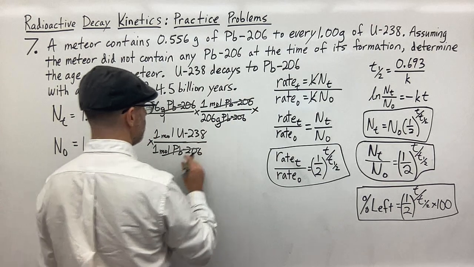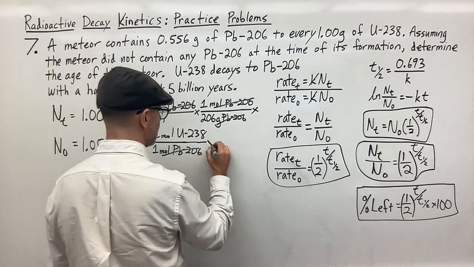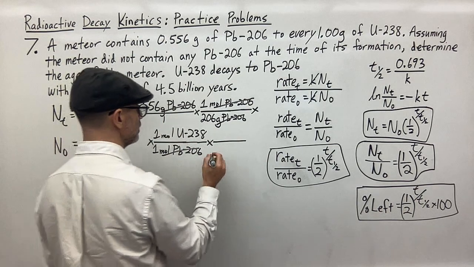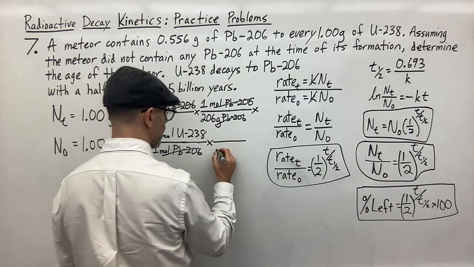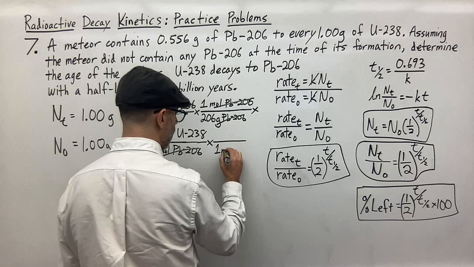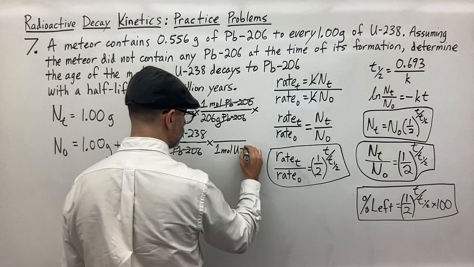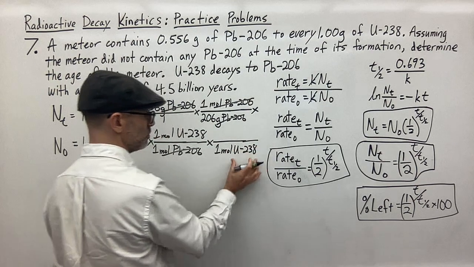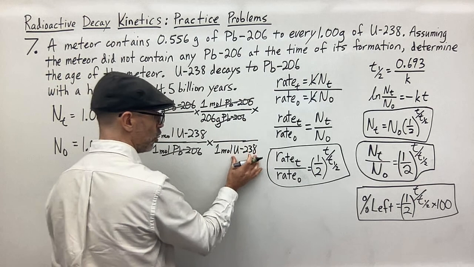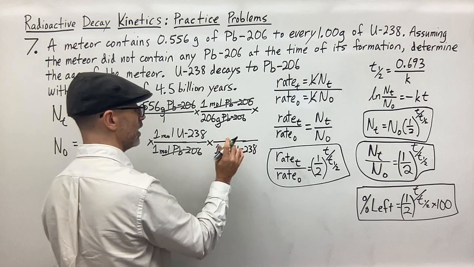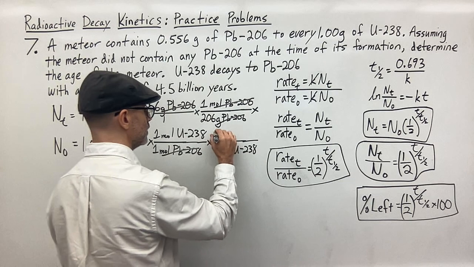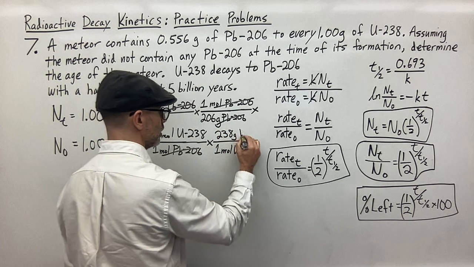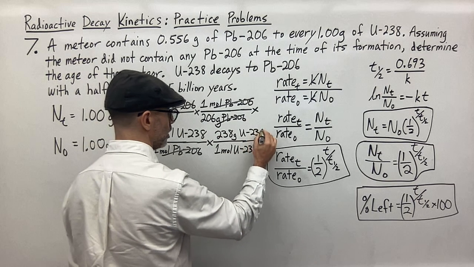And now that I have moles of uranium 238, I can multiply that by the molar mass of uranium 238. So 1 mole of uranium 238 on the bottom. And then, of course, because this particular isotope has a mass number of 238, the mass of 1 mole is 238 grams of U-238.